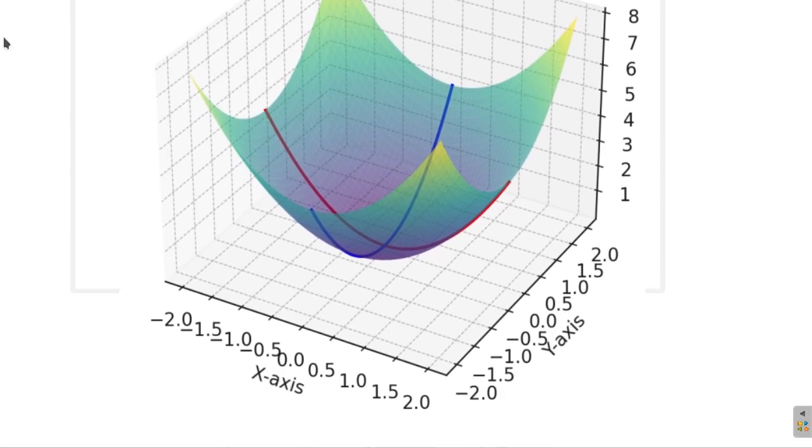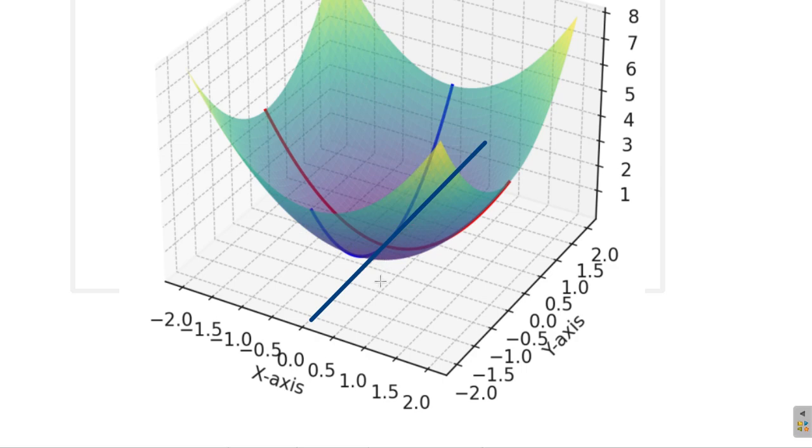Now, if we consider that this is the minimum point, you can see it, that's the minimum point there, and you have the tangent to the blue line here.